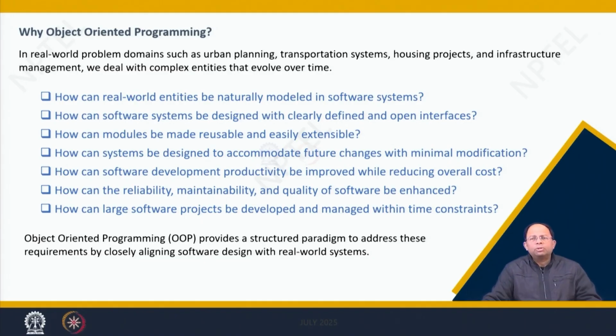The earlier procedural form was not adequate. So object-oriented programming eventually came into being, and it provides a structured paradigm to address all these requirements by closely aligning software design with real-world systems, right?